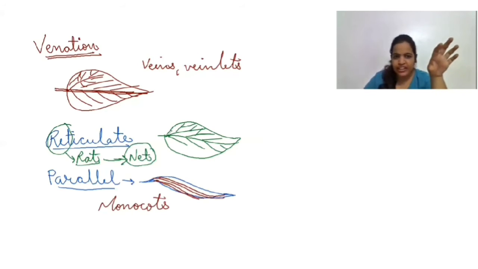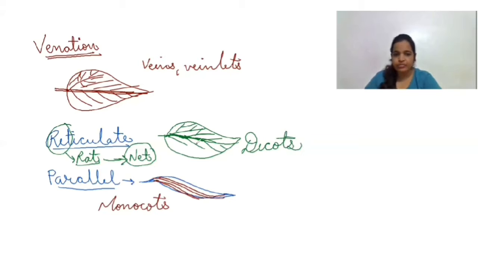The main line is darker, more prominent. The further branches become less prominent, but they are quite visible. If you see the leaves of the peepal tree, the net formation is very, very clear and you can easily find it out. So reticulate has net formation. Remember with the story of rat, lion and hunters and net. Then example includes the members dicots.